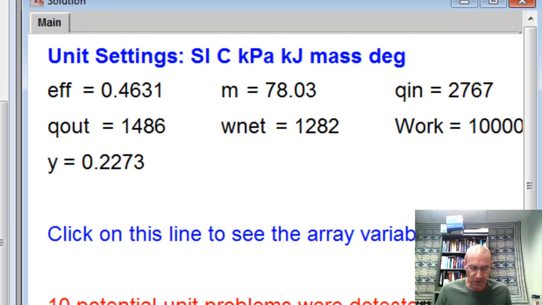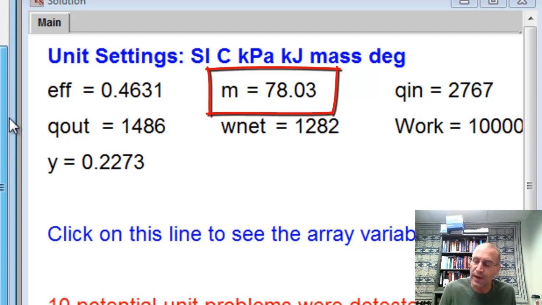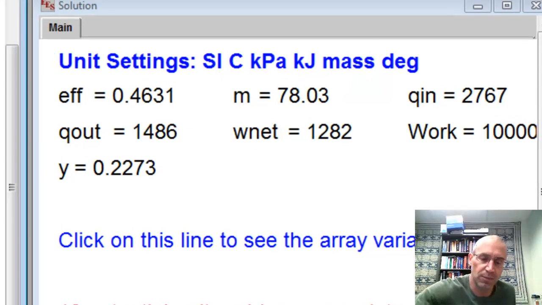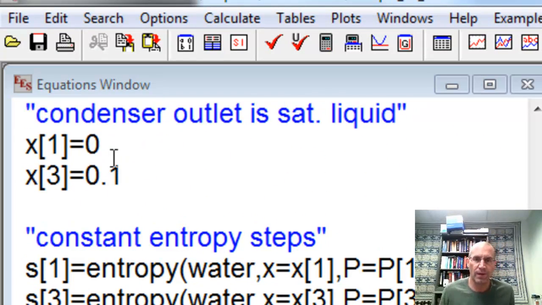So if I go ahead and solve that, my mass flow rate is 78. So what that means is I need 78 kilograms per second moving through the cycle if I've got my X3 at 0. Now what happens, remember that number 78. Let's go ahead and change this to 0.1, and solve that.